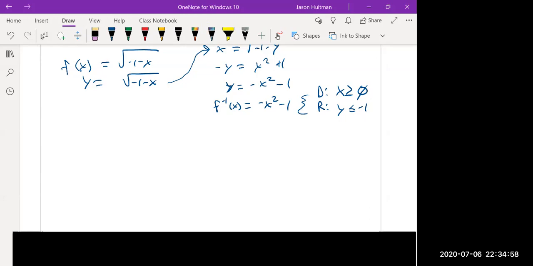Set notation would be this: the range is all elements of y such that y is less than or equal to -1. If you really want to get fancy, you can go with that as well. However you want to do it.